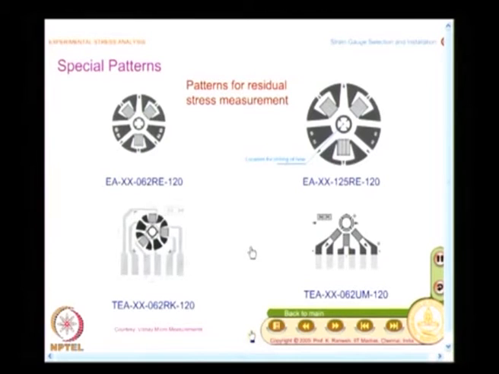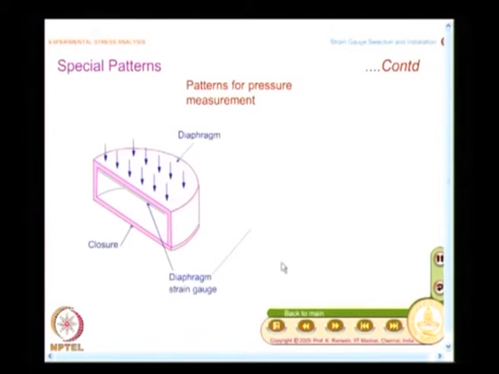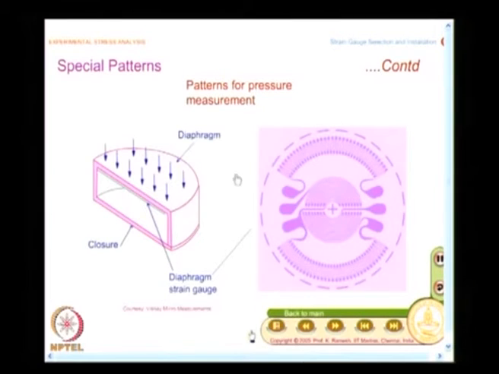Then you have another interesting pattern. You have a special pattern for pressure measurement. I have a thin diaphragm and I have a strain gauge which is shaped in this manner. Because I use a metal foil and then I do an etching process, I can put any complicated pattern for the etching.